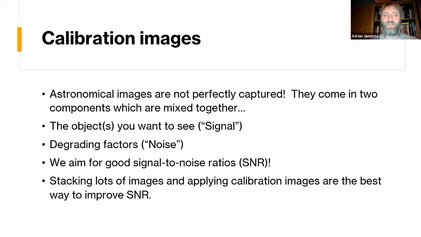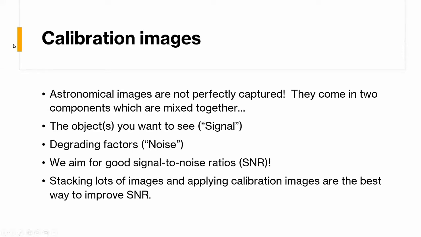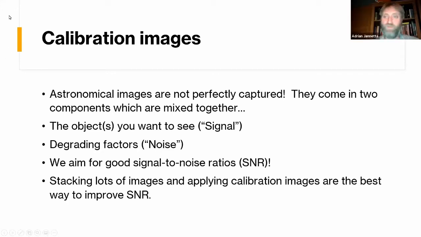And what we can also do to boost the signal as well is to take lots and lots of images and combine them. We stack them, we combine them, integrate them. And that's something which a lot of software can do without much input from you. You just have to give it a list of images, and the software will generally do this for you. You just have to provide the images.